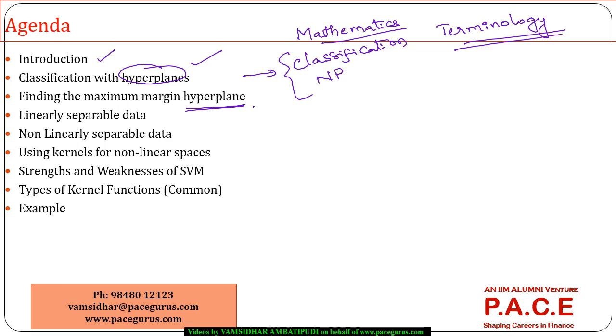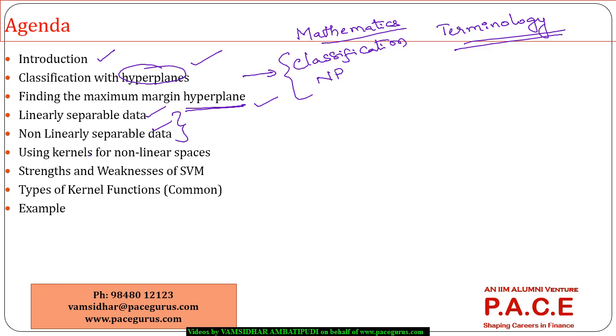How do I identify what a hyperplane is first of all, and how do I identify the maximum margin hyperplane for data which is linearly separable, or in case of non-linearly separable data? How do I differentiate in terms of finding the hyperplane?